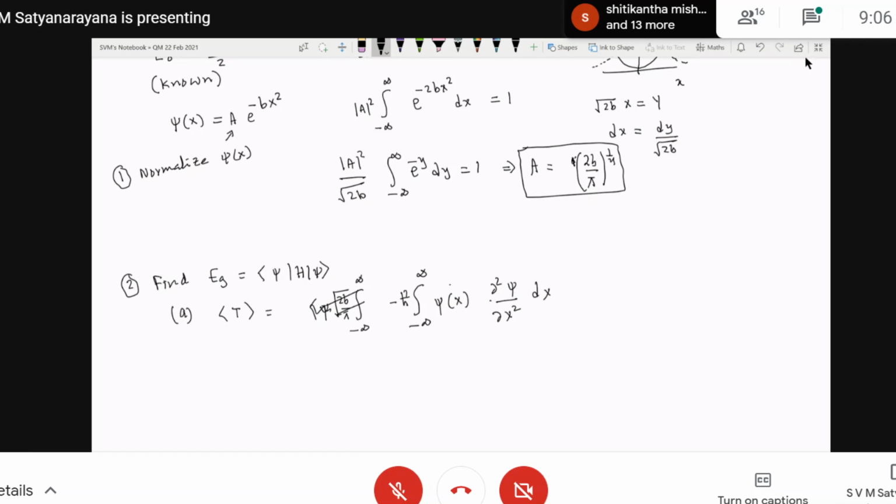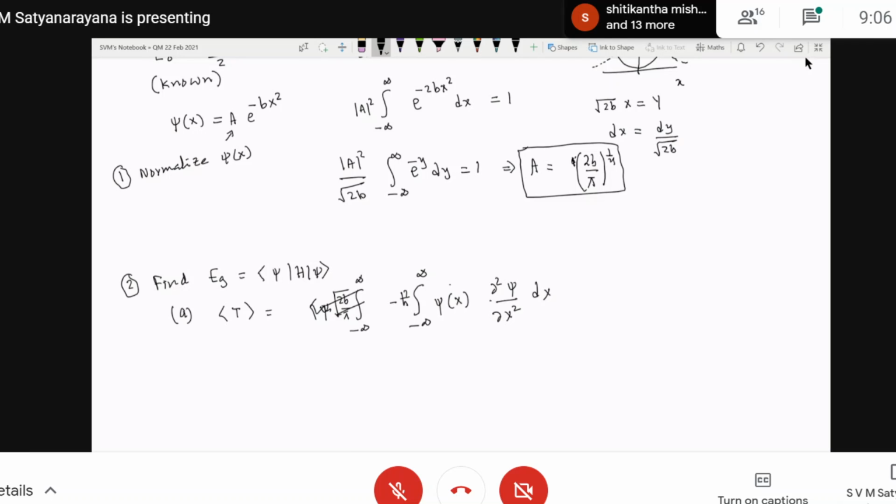Now, you know this psi of x. This is a very general statement: notice that whatever your psi of x is, it should go to 0 as x goes to plus minus infinity. This is a boundary condition, and every wave function should satisfy this boundary condition.